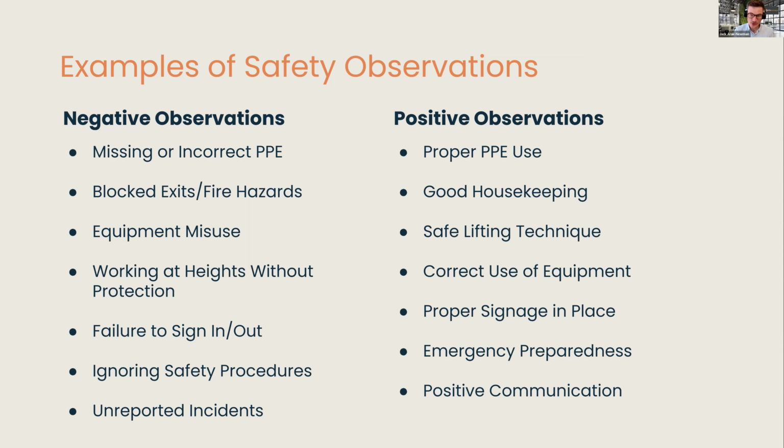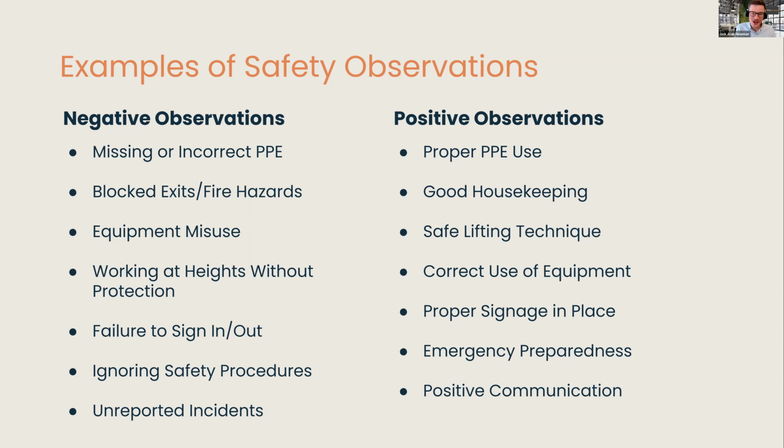So some examples of a positive observation could be correct use of equipment or emergency preparedness. If you've done a recent emergency evacuation process, you could record that. And of course, day-to-day, just things like proper PPE use. Negative observations are really observing hazards or could be hazards such as equipment misuse, working at heights without protection, or again, missing or incorrect PPE.